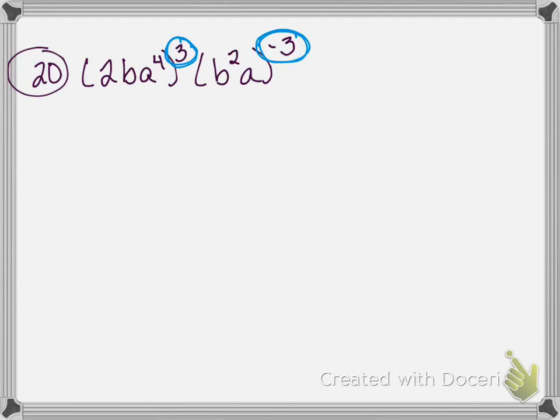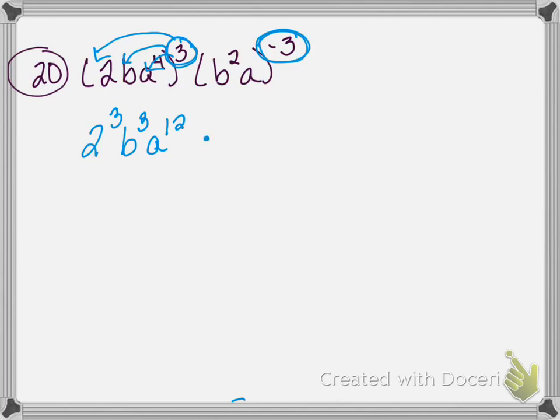Now remember, this 3 on the outside belongs to everything. It belongs to the 2, it belongs to the b, and it belongs to a to the 4th. So we're going to write 2 to the 3rd power, b to the 3rd power, and a to the 12th power, because when you are raising a power to a power, you multiply.